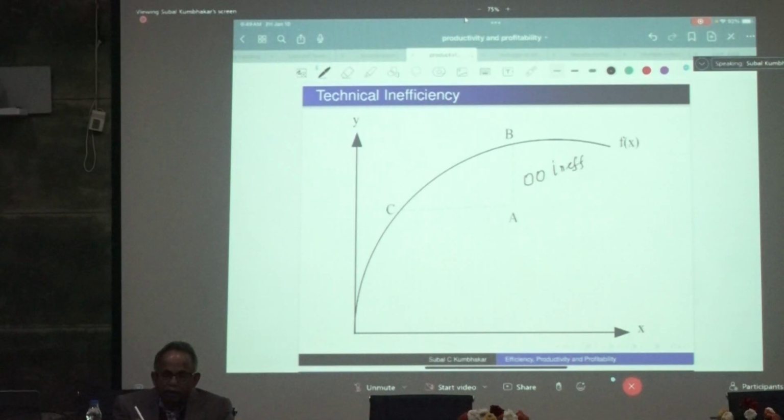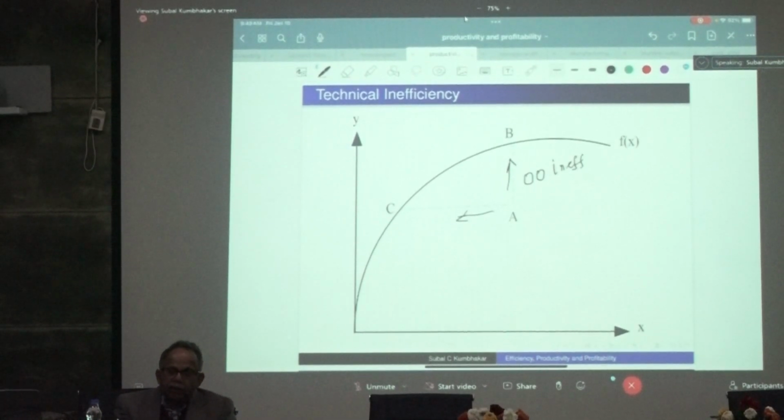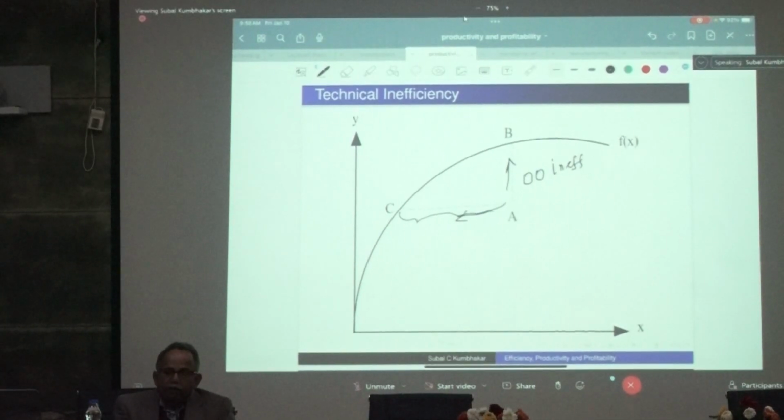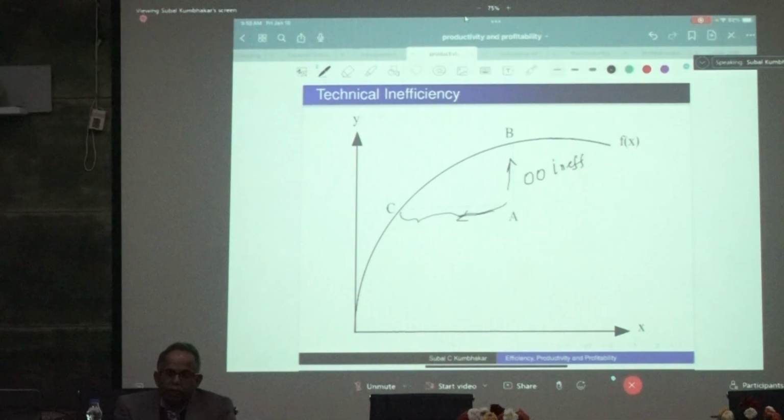Now if you look at it this way, going up north, and if you go down this way, then again you will be hitting the frontier. That indicates that there is overuse, depending on how you look at it.